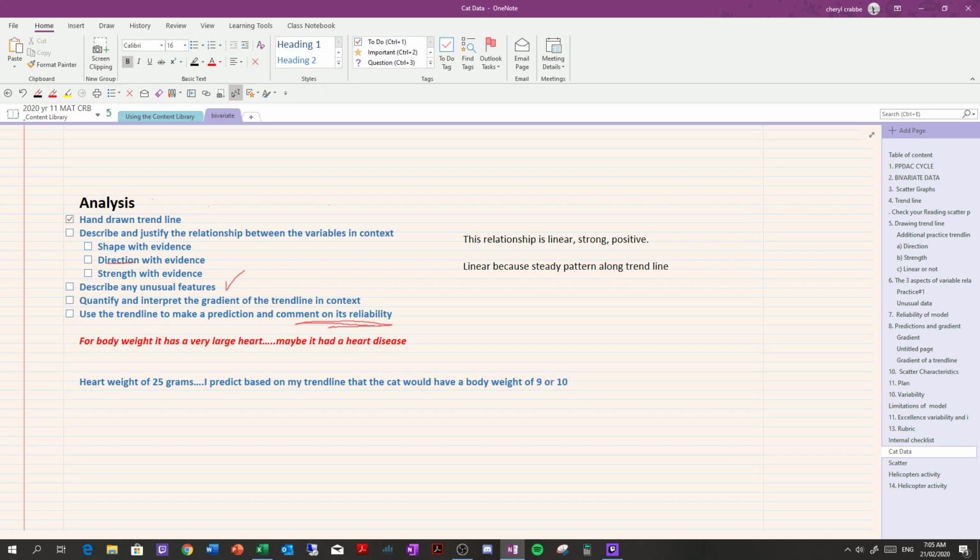It's kind of a bit of a guess because I've had to extend my line a little bit, right? So is that possible? It's possible. Is it likely? Not sure if it's likely, because cats, that's pretty big for a cat.